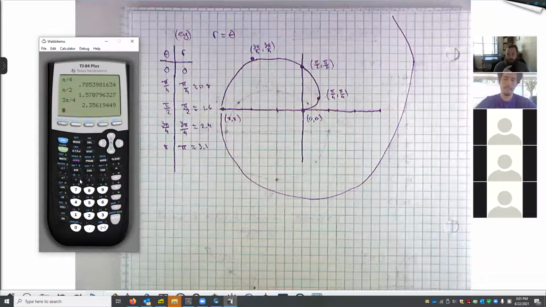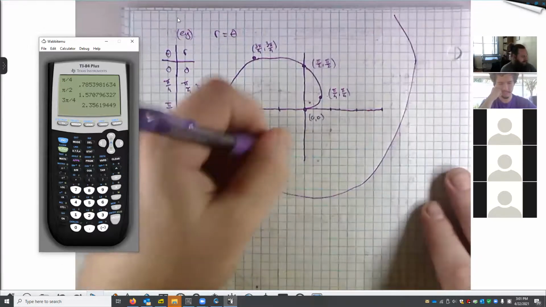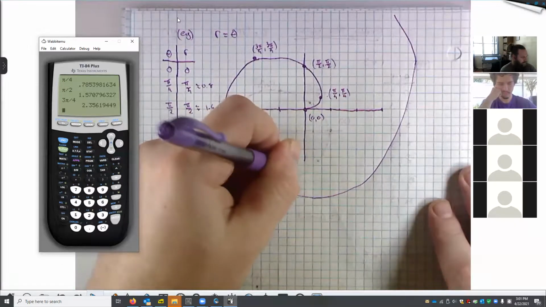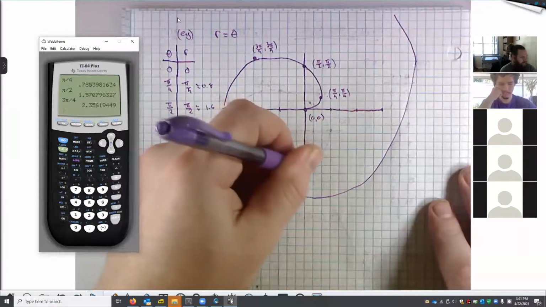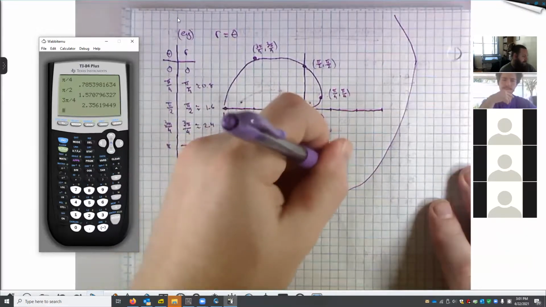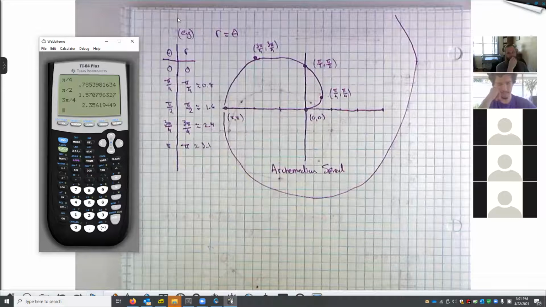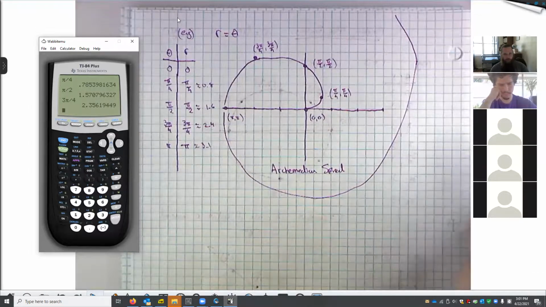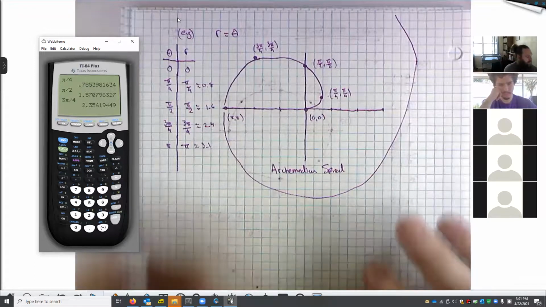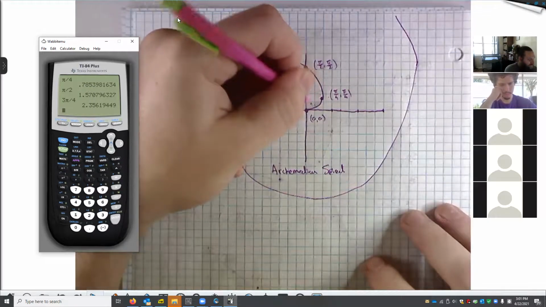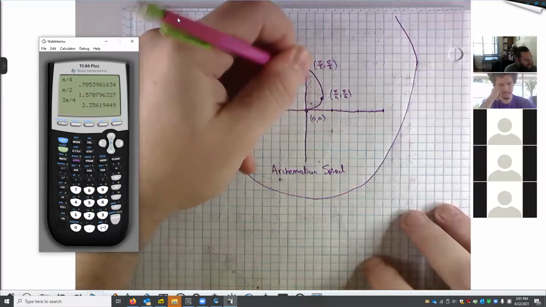It's in fact the same Archimedean spiral we saw before, increasing at unit speed. So this is the Archimedean spiral. Now, what I'm going to be showing you guys in the supplemental lecture that I will record tonight is how to find areas like these.